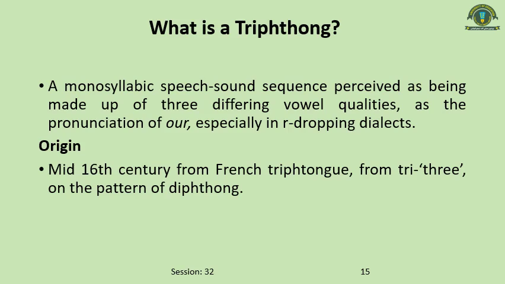There are certain dialects in English where R is dropped. So 3 different what? Speech sound, monosyllabic. Number 1. 3 differing vowel qualities. In simple words, 3 vowels together.